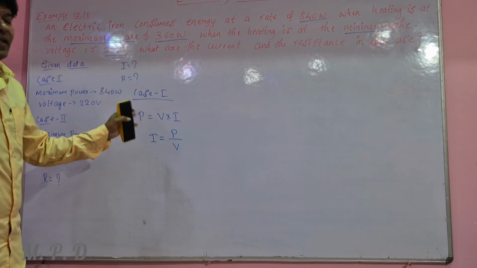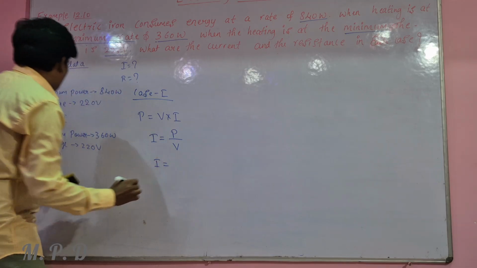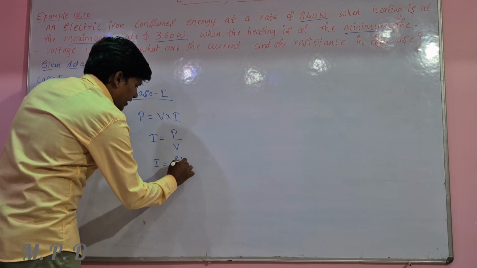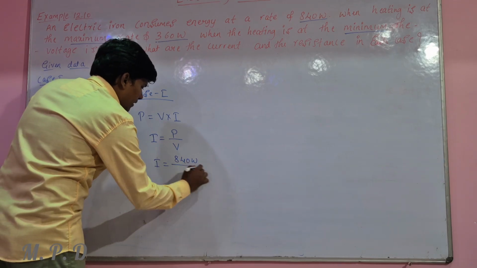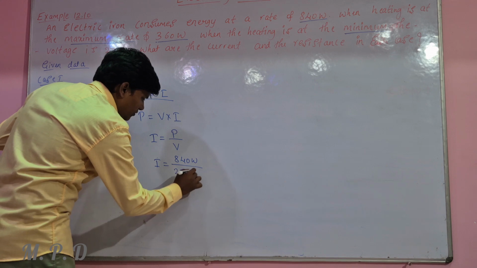Now we put in the numbers. In case 1, I is equal to P, which is 840 watt, divided by the voltage, 220 volt.